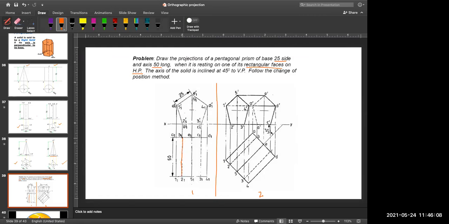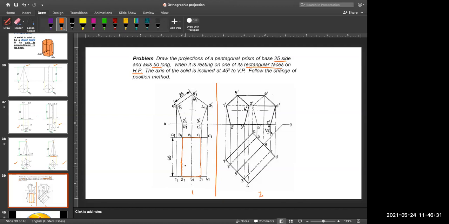I will draw that face on which it is resting on the horizontal plane. Yes, so B1, C1, 3 and 2. On this rectangular face, your pentagonal prism is resting on your HP.